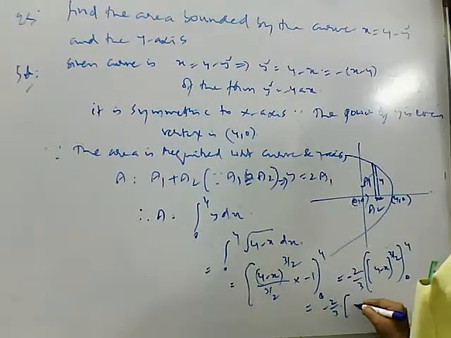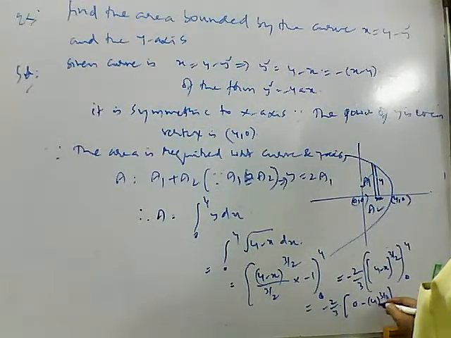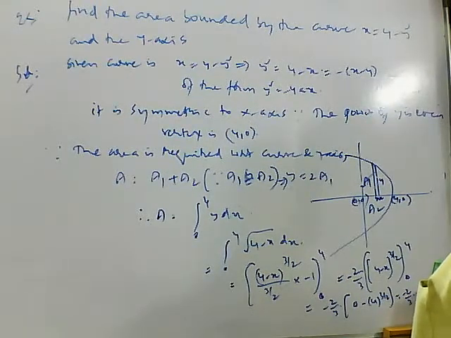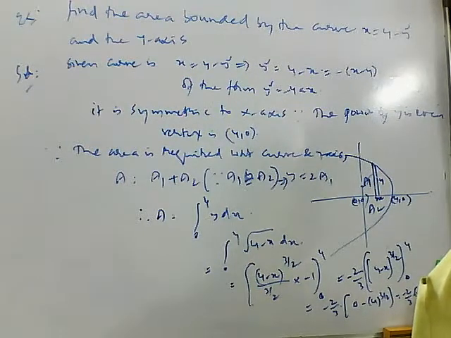So 0 minus 4 whole power 3 by 2, minus 2 by 3 into minus 8, that is 16 by 3.